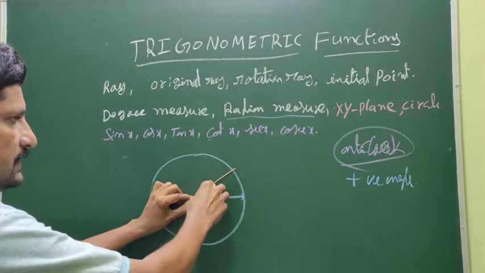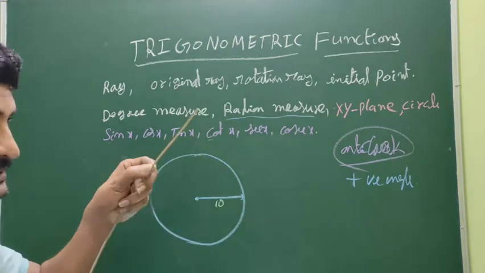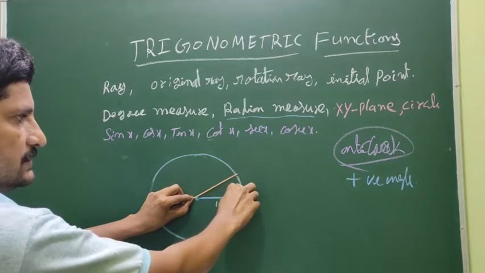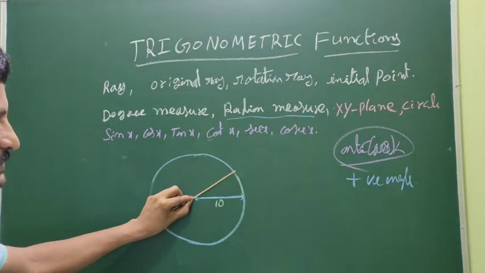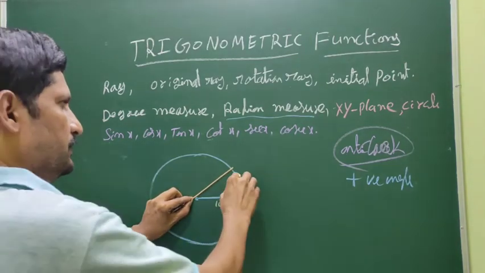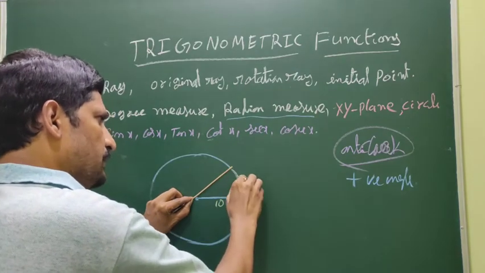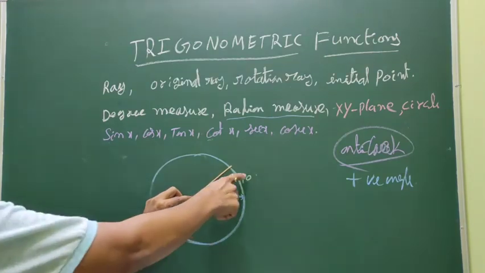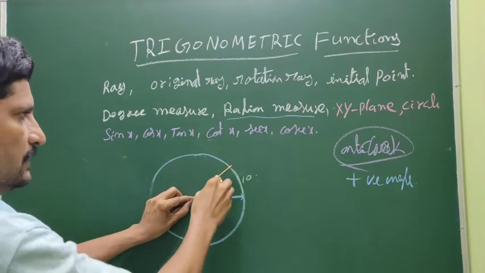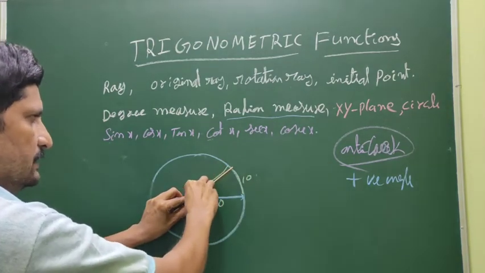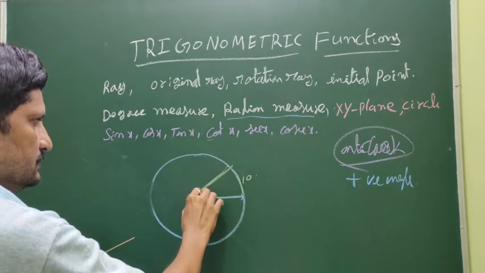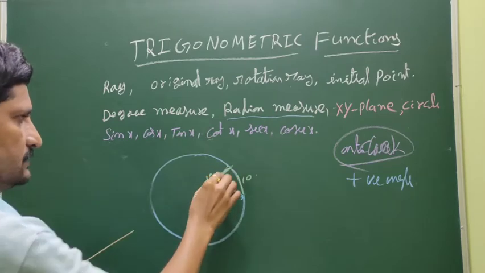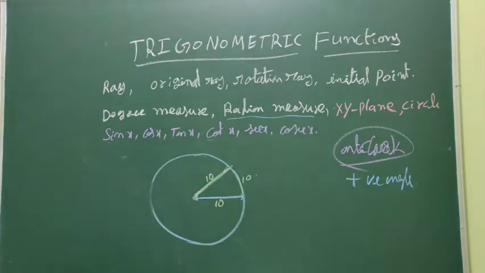When it rotates, this length does not change. It is 10, it is also 10. But this arc length is increasing. When this arc length is again 10 centimeters, this is 10, this is 10, this is also 10. Then draw a line.